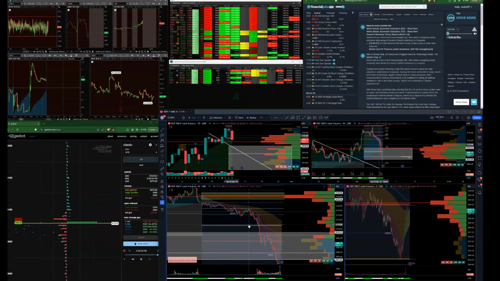The way we work is we really don't try to go long unless we are at least above the bottom of the value area zone, which is way up here. Trying to get long and pick the bottom is not the game we're into. So we can either look to go short or we just don't trade.